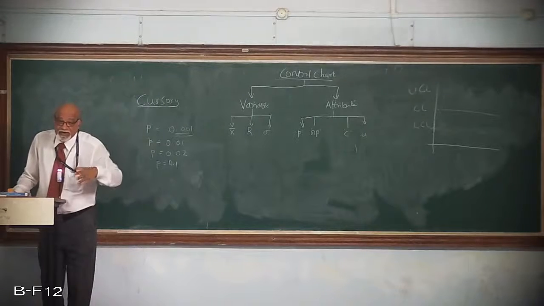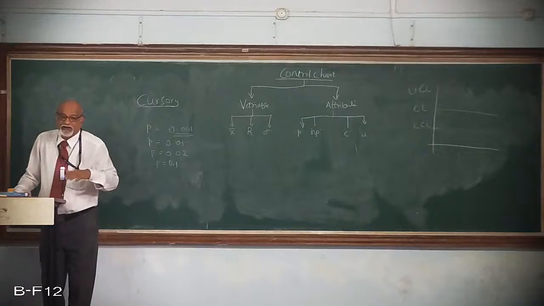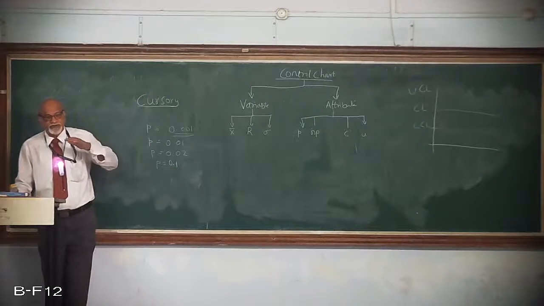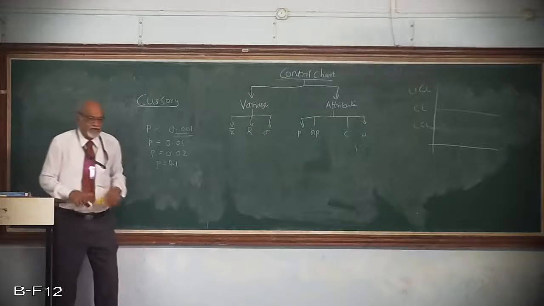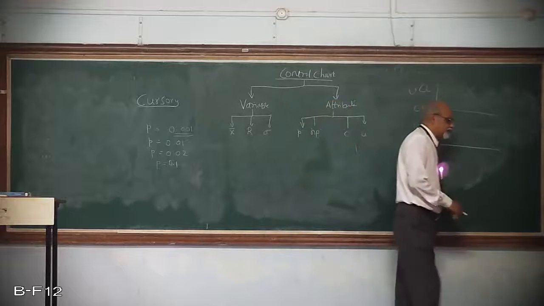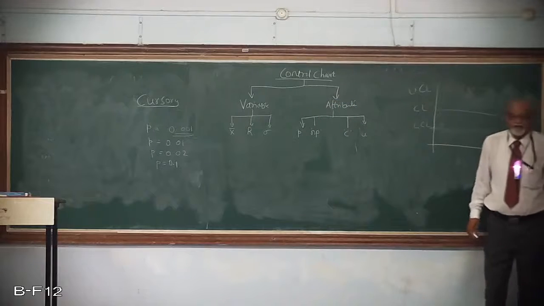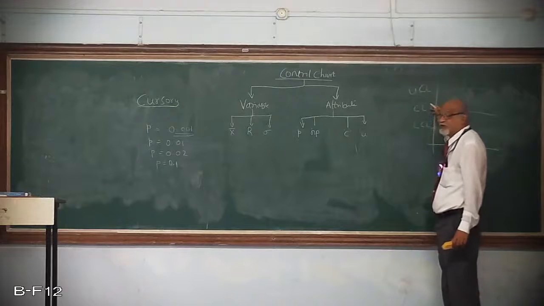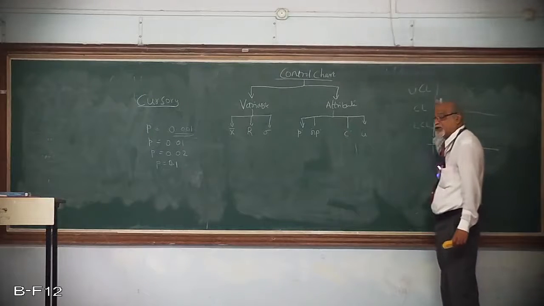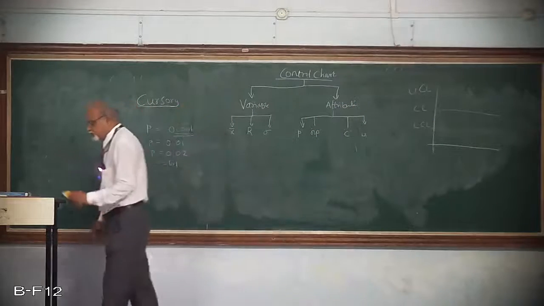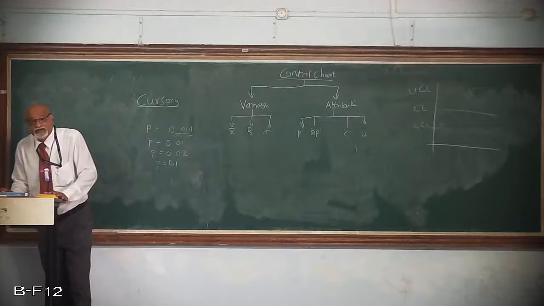Let me recapitulate: when we were discussing the interpretation of control charts for variables, we said if consecutively 7 points, samples, fall only on one side of the central line, even though they are within the control limits, then we need to stop the process and start to initiate certain investigation.